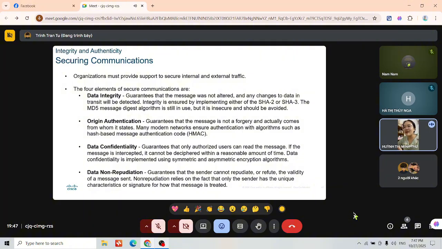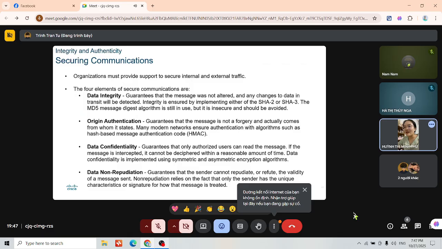The four elements of secure communication are, the first, data integrity, and the second, origin authentication, and the third, data confidentiality, and the last, data non-repudiation.